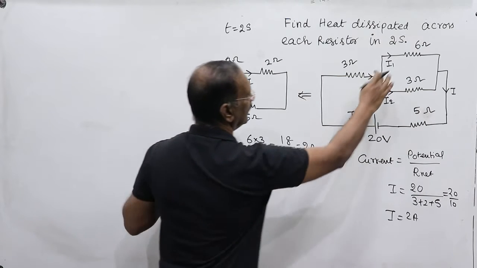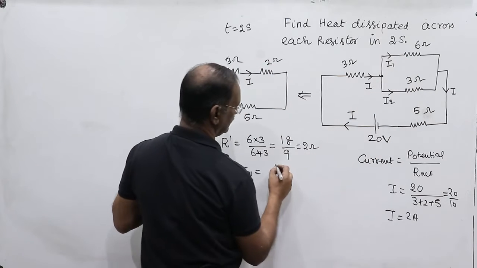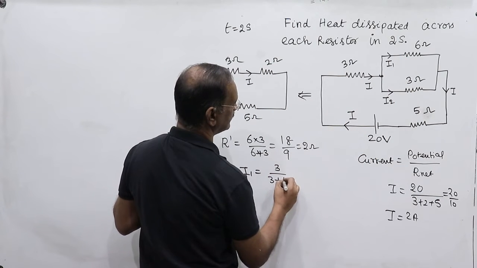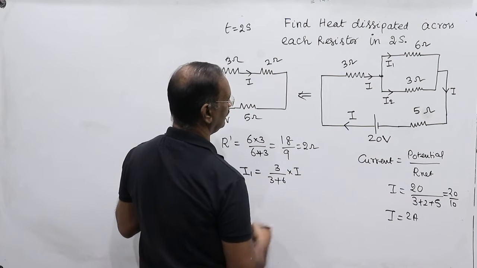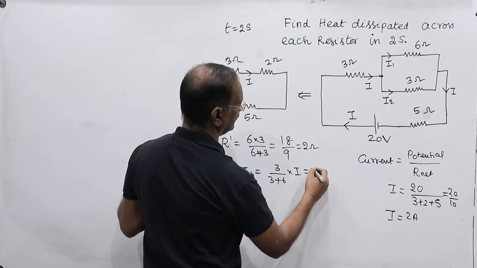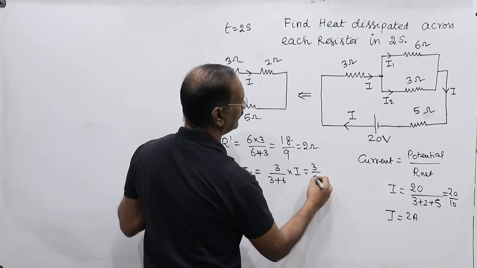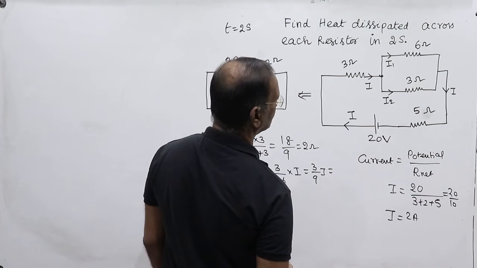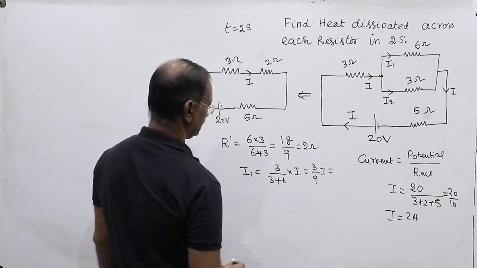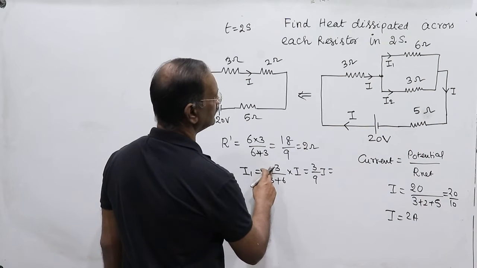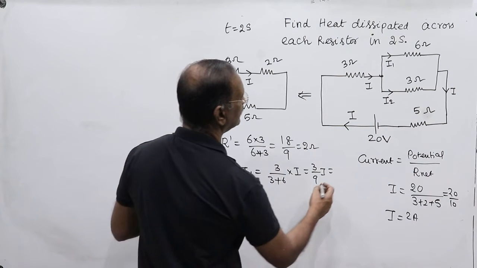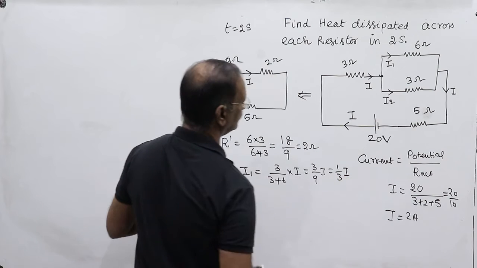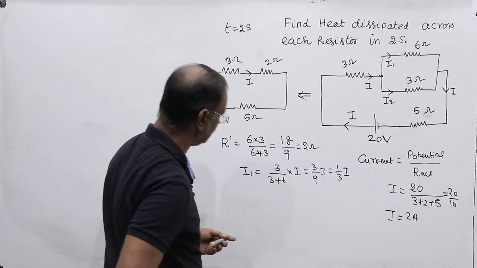From this branch you write this one and add both, 3 plus 6, into I. I1 is equal to 3 by 9 I, is equal to 1 by 3 of I. Is it right or not?